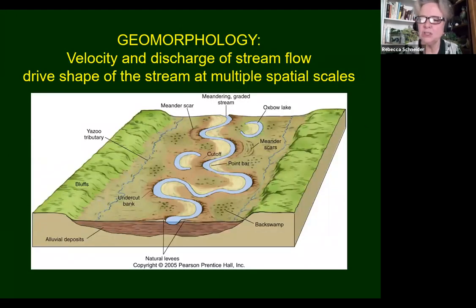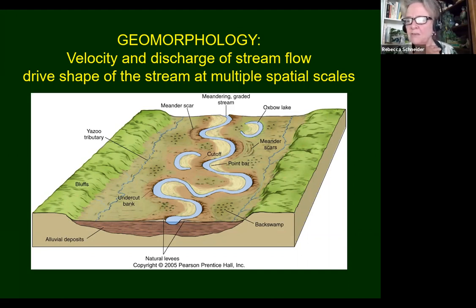All right, now geomorphology. And in a minute, you'll see why all this comes together. The velocity and the discharge, that's the amount of water flowing in the stream, drive the shape of the stream at multiple spatial scales. And so in this schematic, you see a very curving, sinuous, meandering stream.